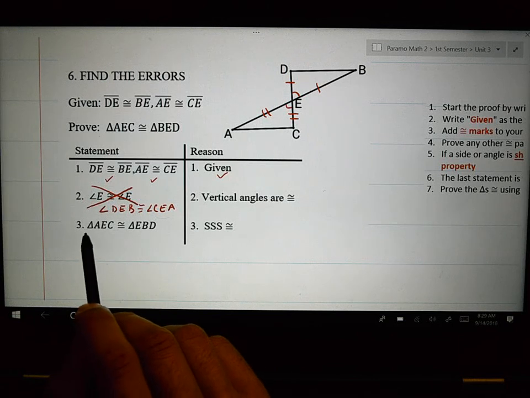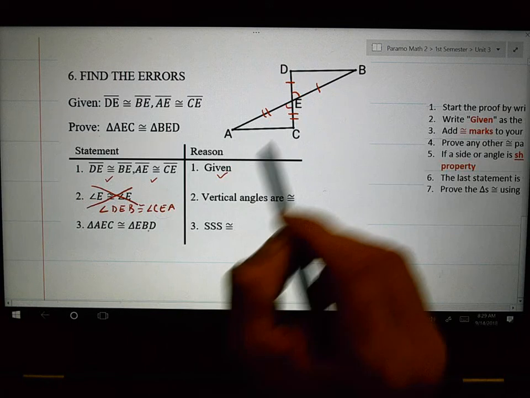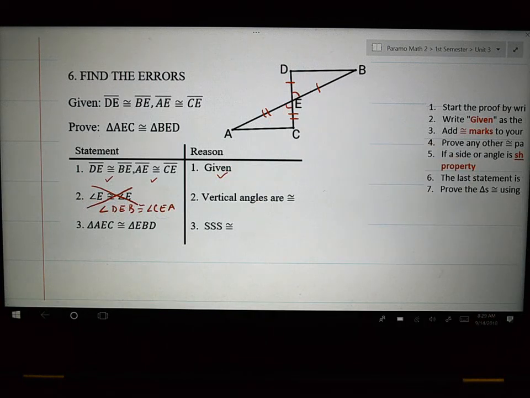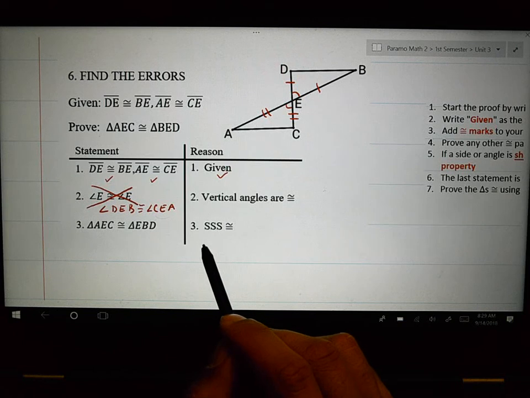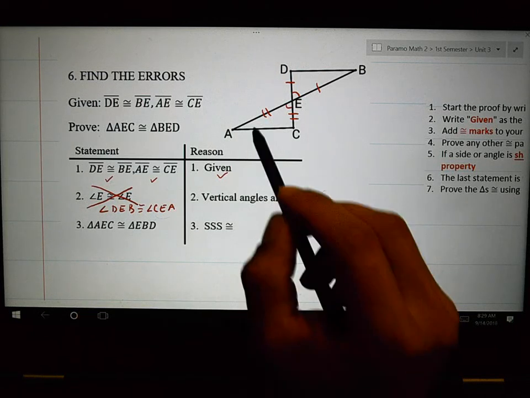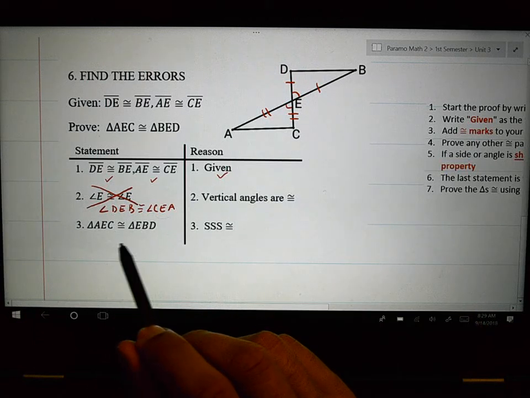Number 3 says triangle AEC is congruent to triangle EBD by side postulate or congruency. And there's a mistake here. There's two mistakes, as a matter of fact.